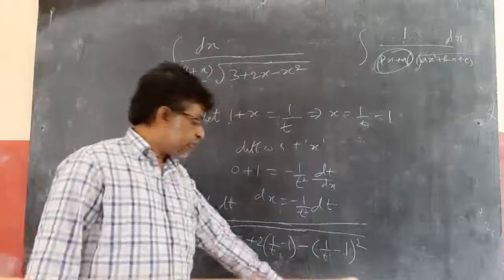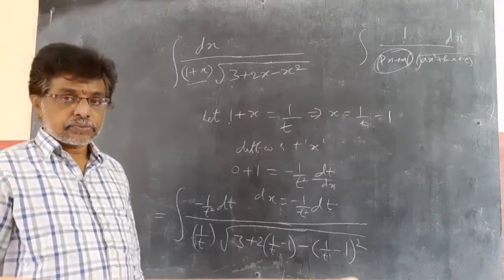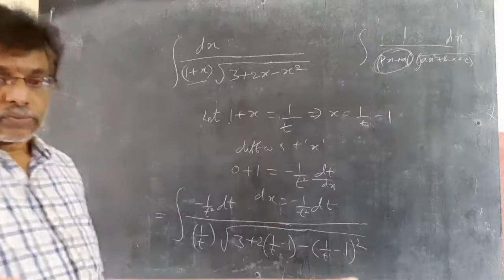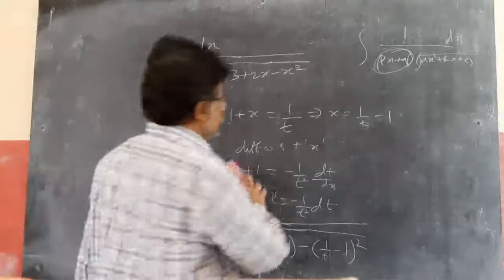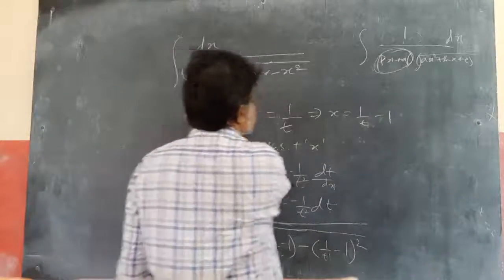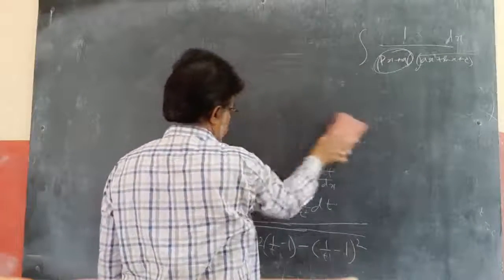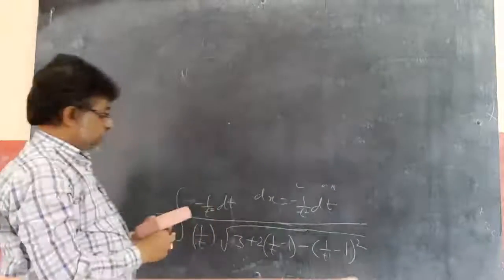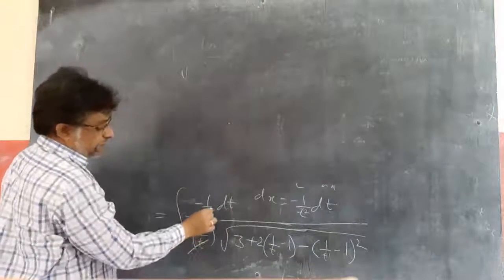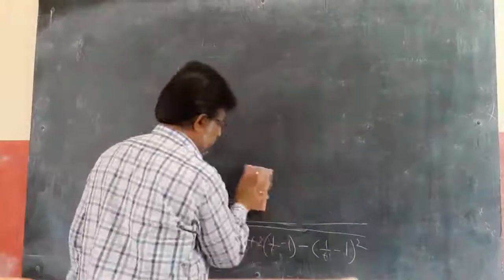Now we can simplify this. The t and t square get cancelled.